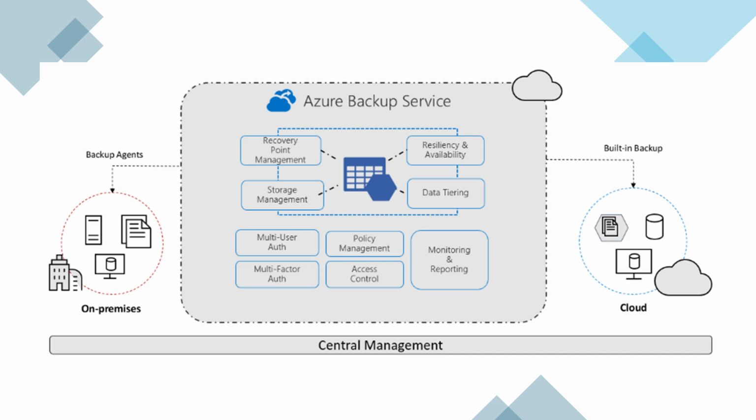This means you can securely back up your local data into Azure without relying on traditional tape or hardware-based solutions. On the right side, your cloud-based resources like Azure VMs, databases, and storage benefit from built-in backup capabilities, allowing you to protect cloud-native workloads without installing extra software.